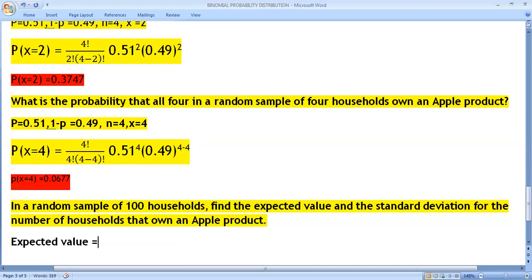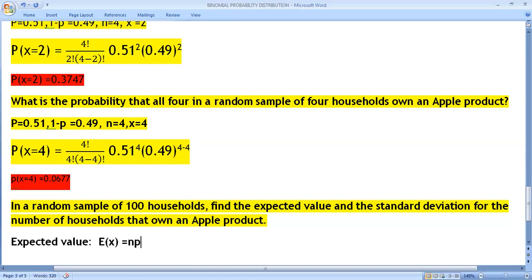And I told you already that the expected value, EX, equals NP.